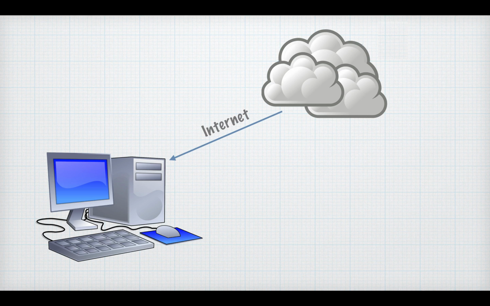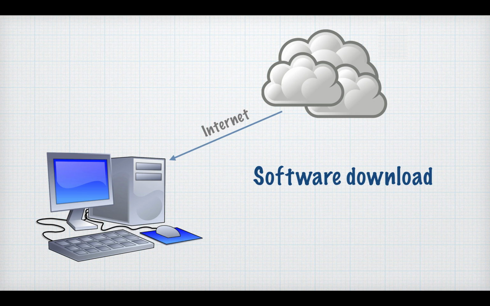So let's review the ways that software usually gets installed on your computer. And what we're talking about here is malicious software, or the malware. When you're connected via the internet, you may do a software download. You might hear from a friend, or you might be surfing the web and say, hey, this looks like cool software. I'm going to go ahead and download it. Well, if it's not from an authorized source, then there's potential danger.